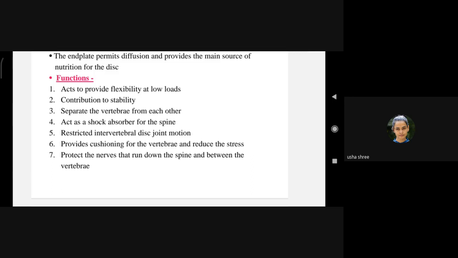Right? I think all these points are very easy to understand. No need to explain these. If any point needs explanation, please tell me.